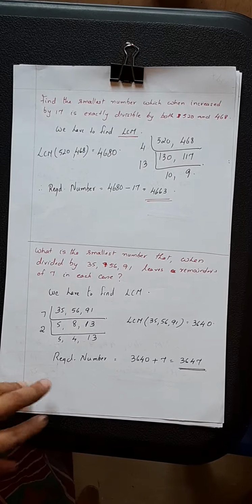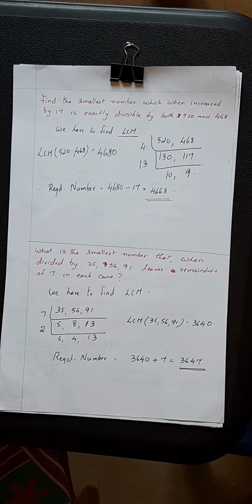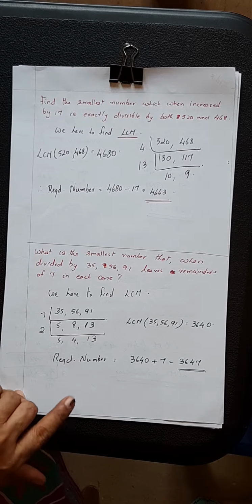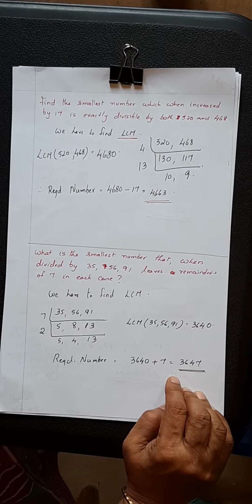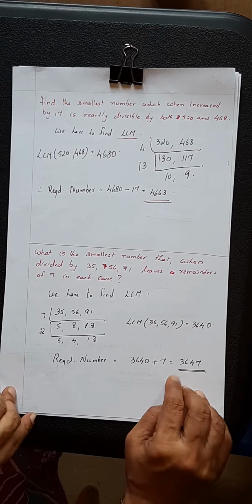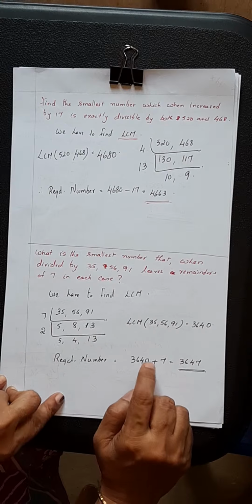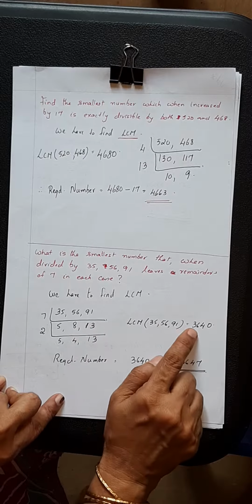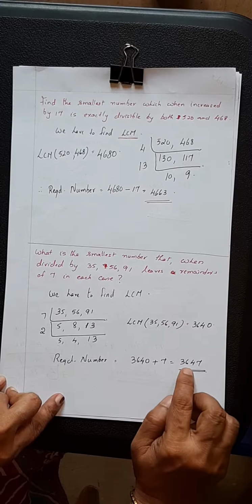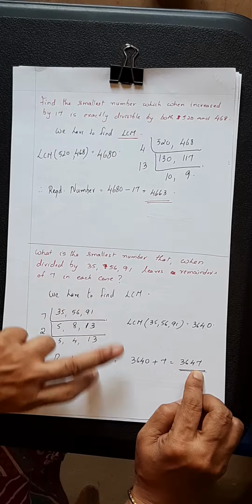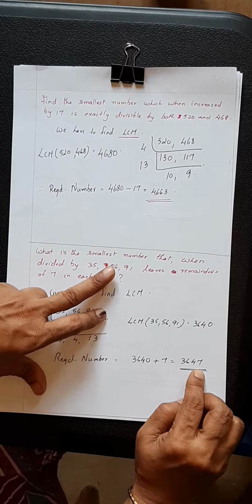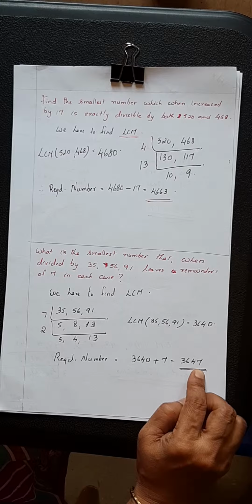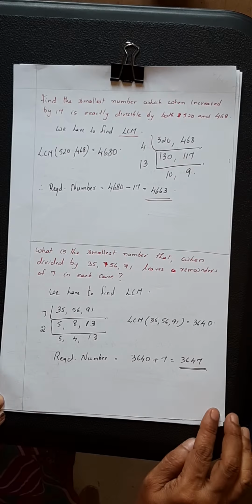In the previous problem, we subtracted and then found the number. Here you are adding 7 to this number. So when you divide 3647 by 35, you will get a remainder of 7. By 56, 91, in every case you will get a remainder of 7.